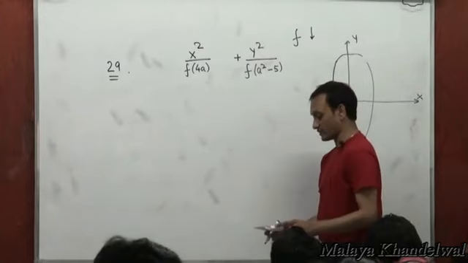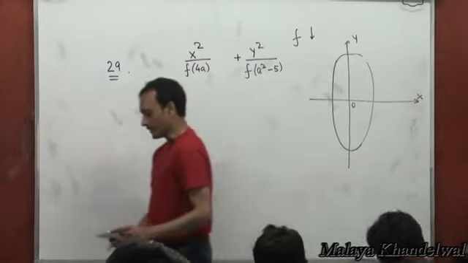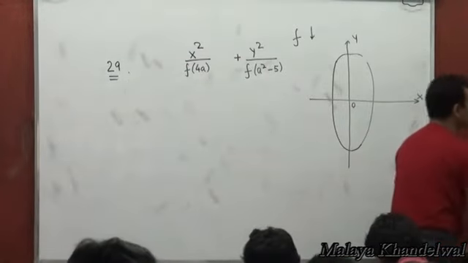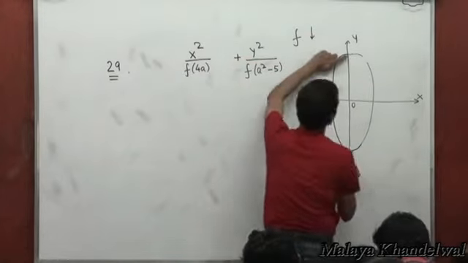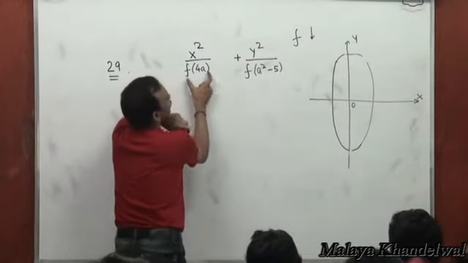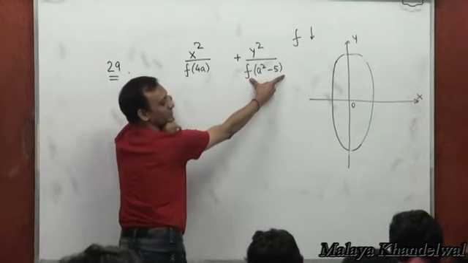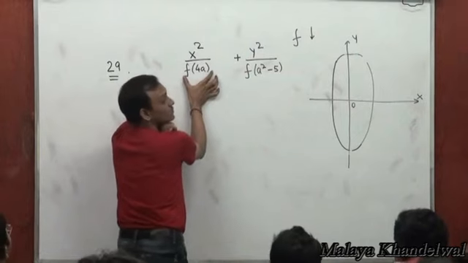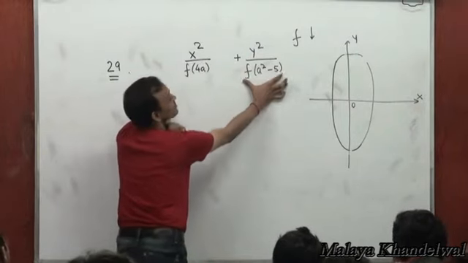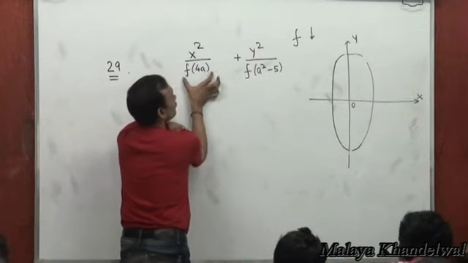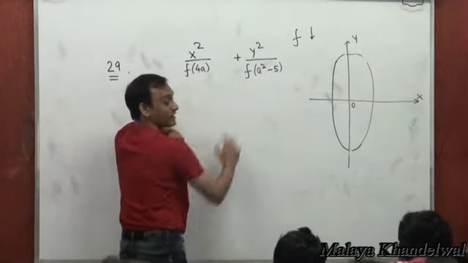Then find the interval to which a belongs. Now, obviously, if this is the major axis, then f of 4a must be less than f of a squared minus 5. This will give me the minor axis, this will give me the major axis.